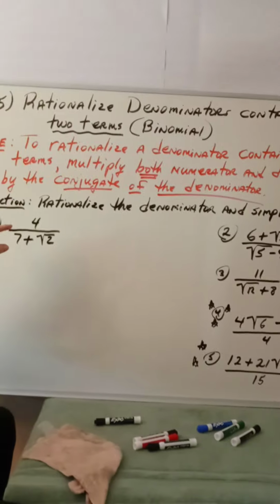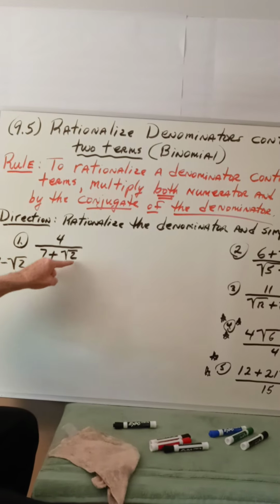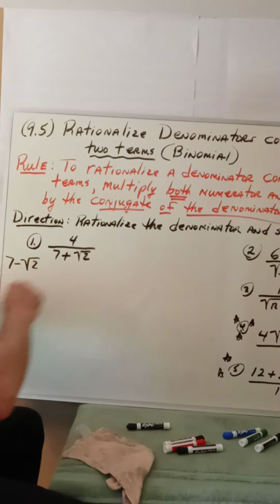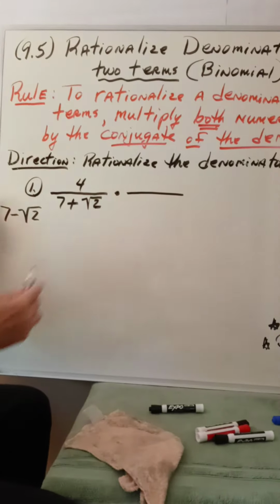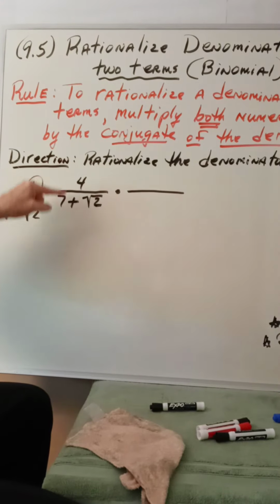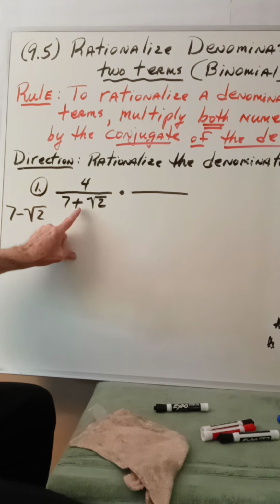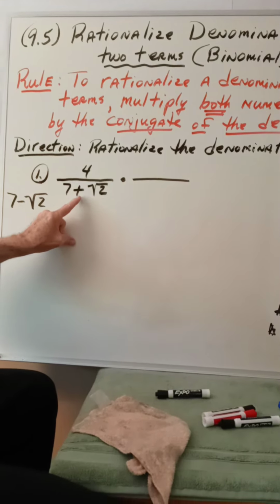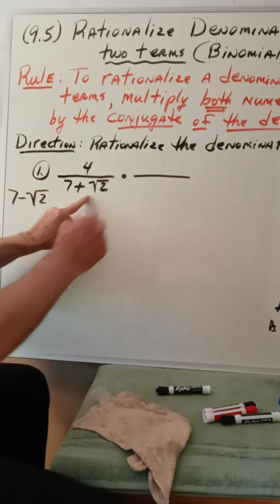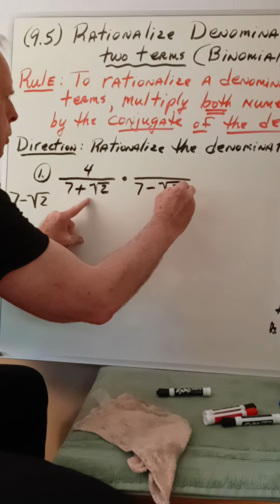And so back to our rule. To rationalize a denominator containing two terms, we're going to multiply both numerator and denominator by the conjugate of the denominator. And the conjugate of 7 plus root 2 is 7 minus root 2.